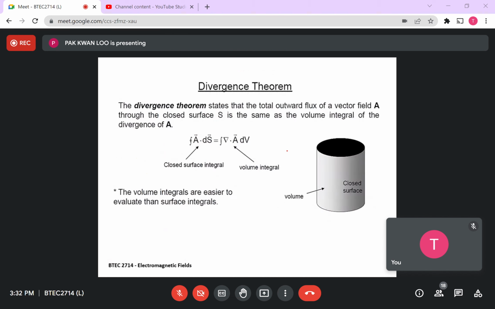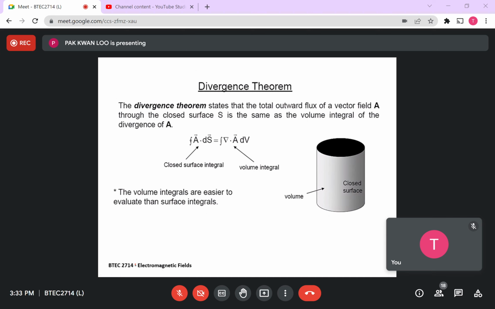Before we move to establishing the first Maxwell equation, which should be named the Gauss Maxwell equation, but in general they just call it Maxwell equation, let's look at the divergence theorem.